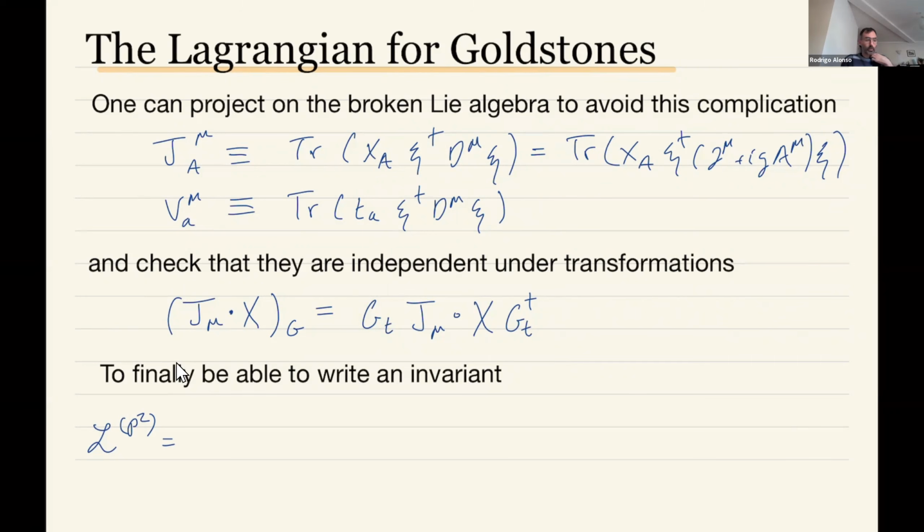So here, at long last, we can write an invariant because we have found an object that depends on the Goldstone bosons and that transforms in a well-defined covariant manner. So we can go ahead and write this term. The normalization you cannot guess on your own, but you can see the invariant that we can build with that object.